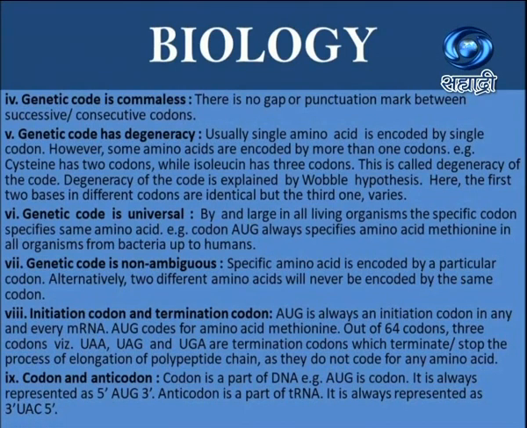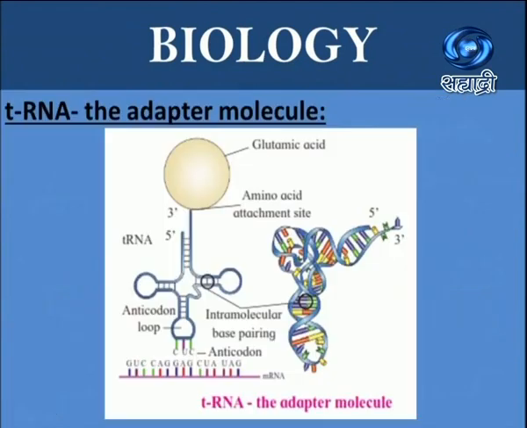Now we want to see the next part, that is the tRNA as an adapter molecule. Whatever the types of RNA are there, you already completed in 11th standard. That 3 types of RNA are there: ribosomal RNA, tRNA, as well as mRNA. We completed their characteristic features here.